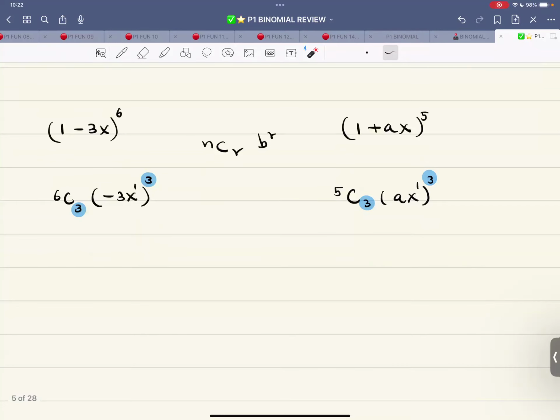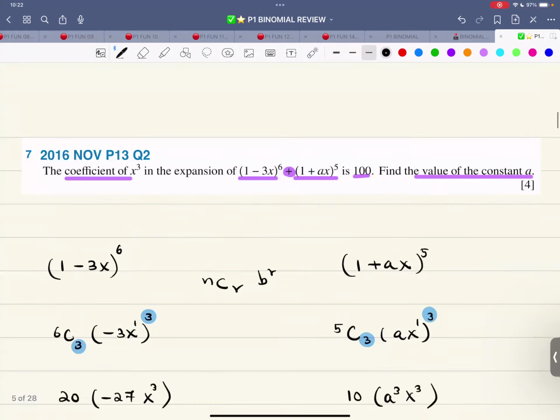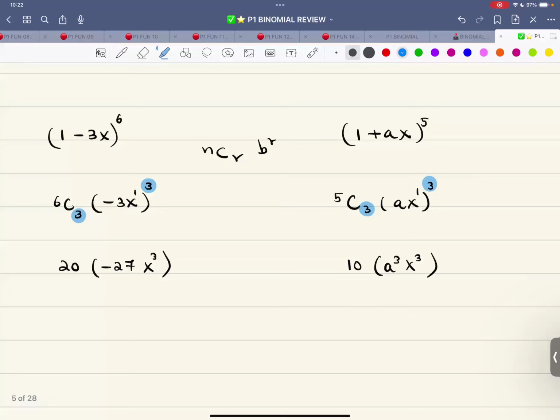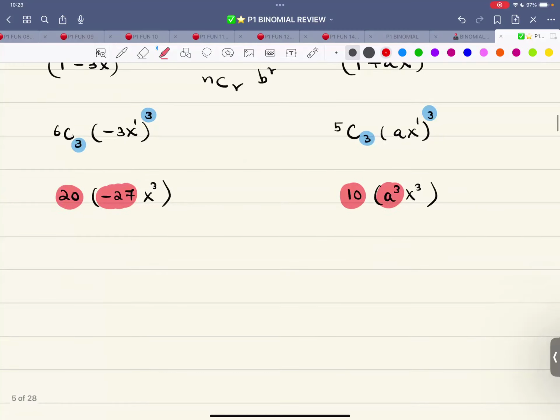Now 6C3, just double check on your calculator. I think it's 20. And this is negative 27, and this is x cube. 5C3 is 10. This is a cube, x cube. The coefficient of x cube is 100. So now what's the coefficient? 20 into negative 27. That's the coefficient. 10 into a cube. That's the coefficient.